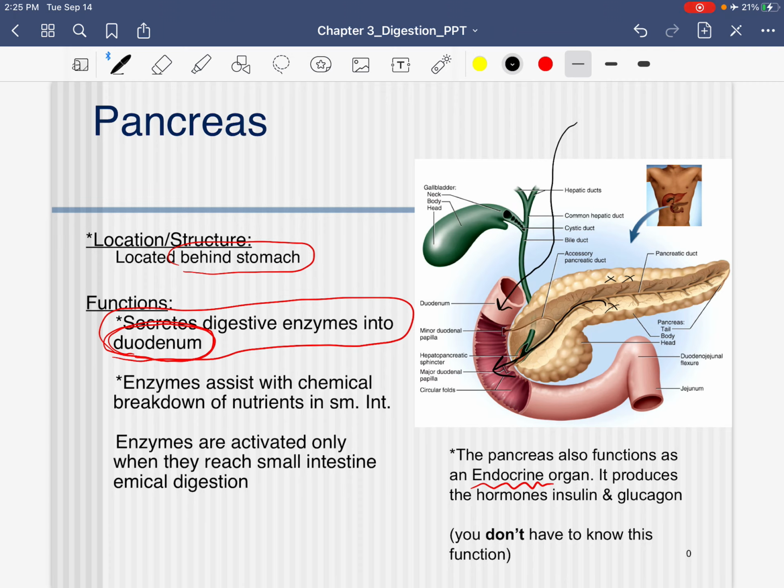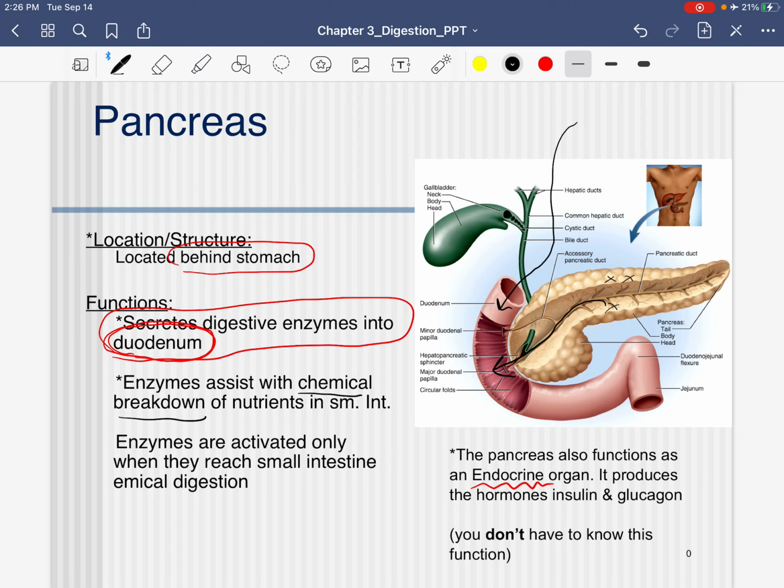The place where we can begin to chemically digest all the nutrients is the duodenum. Why? Because we now have the enzymes. It would not be possible to chemically digest everything before the duodenum because we don't have the digestive enzymes.